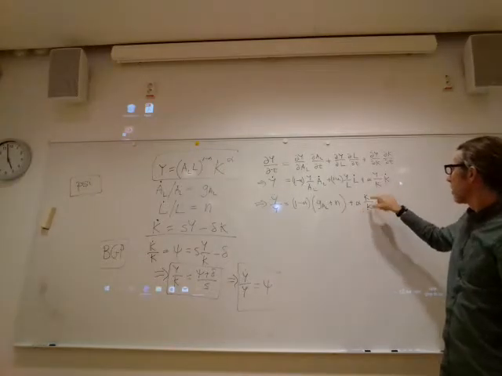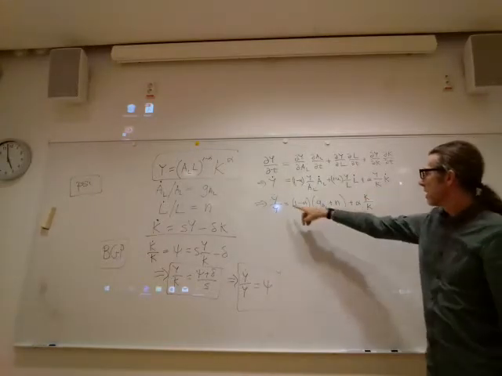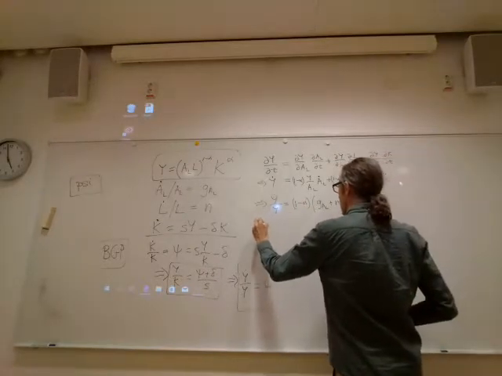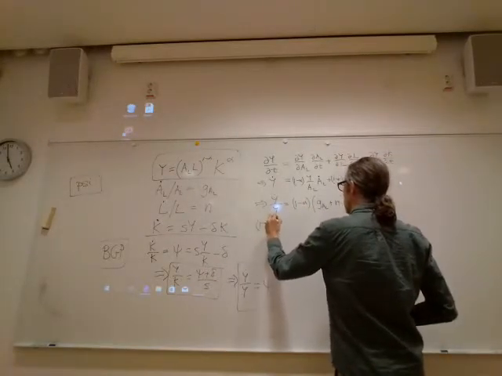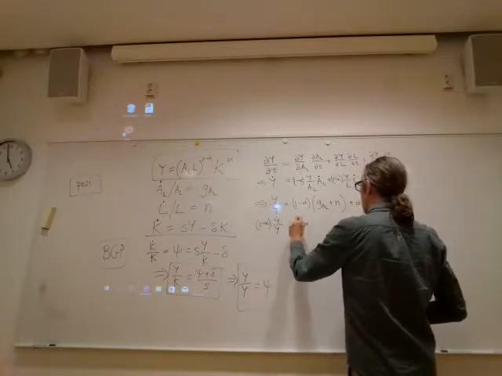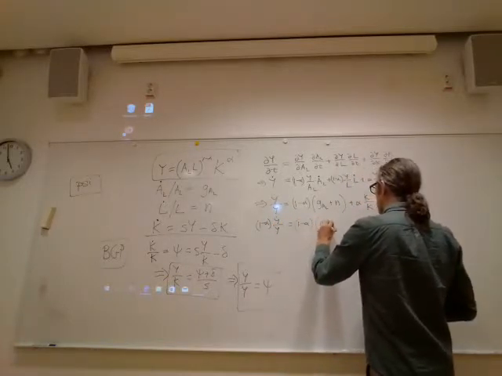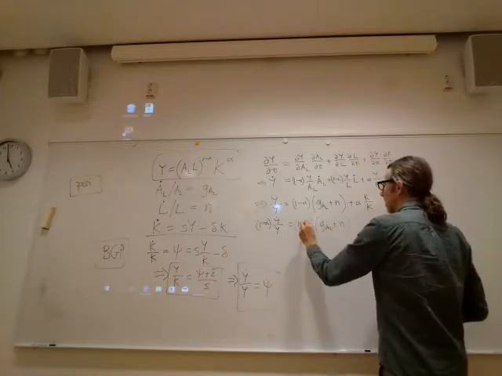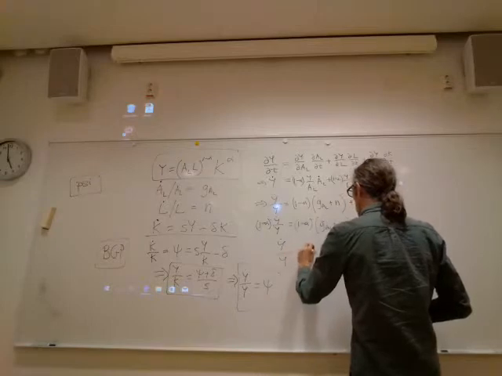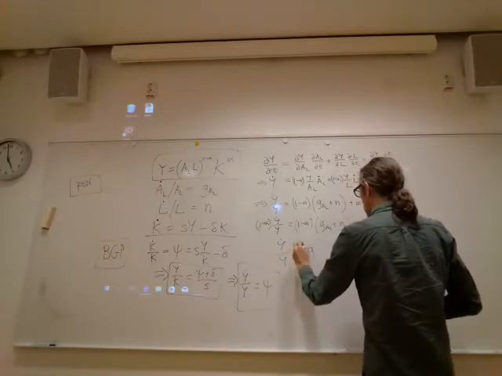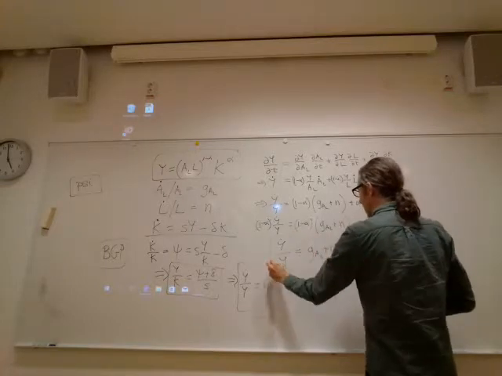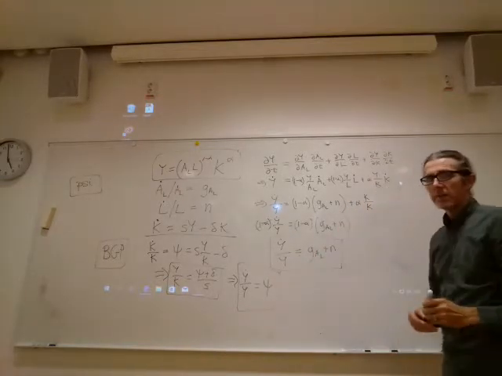But K dot over K is the same as y dot over y, isn't it? So if we take this over, we end up with (1 minus alpha) y dot over y equals (1 minus alpha)(GAL plus n). Cancel these out. Y dot over y is equal to GAL plus n.